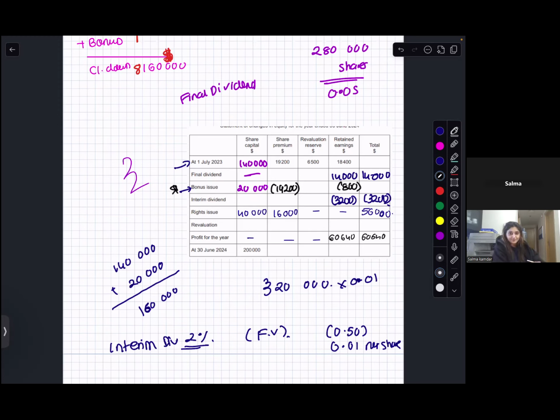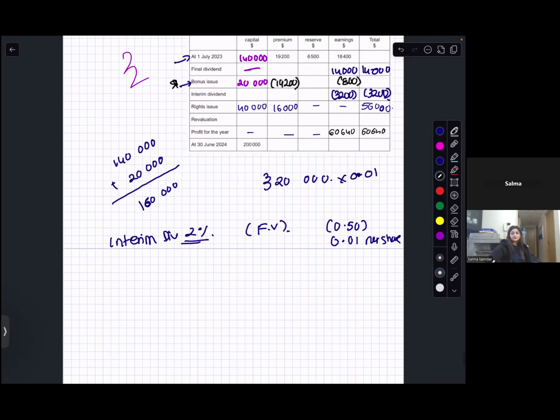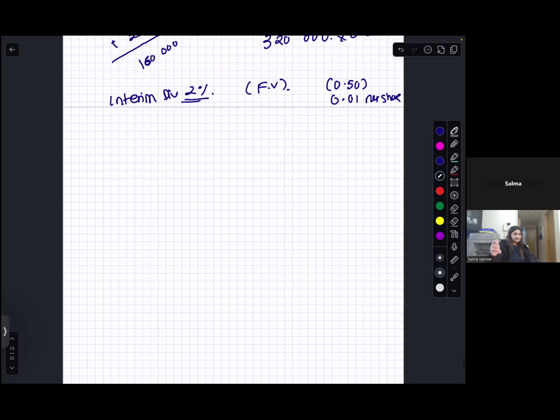Okay, now the last part. A revaluation reserve. What is a revaluation reserve? I need you to understand this very carefully.